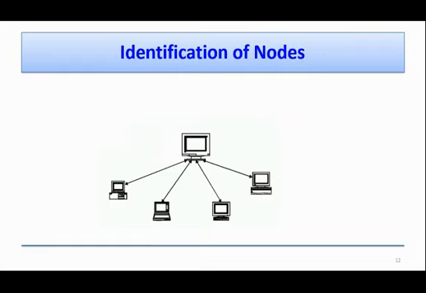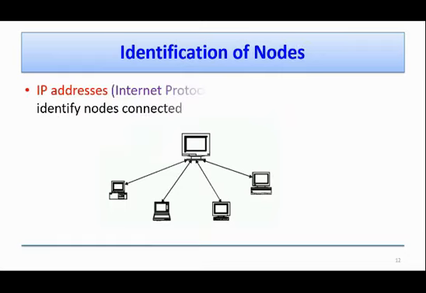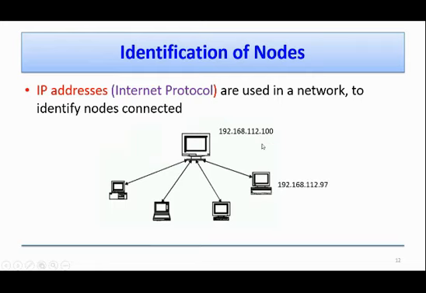All the computers or any device attached to the network should have an IP address. If you use IP version 4 or IPv4, that is 4 dotted decimal numbers. For example, assume in this computer I assign an IP address, say 192.168.112.100. Again, this one has this IP address, and this one has this IP address.